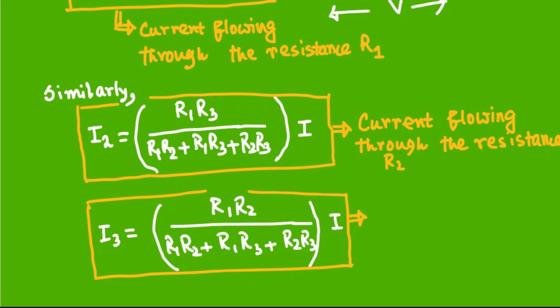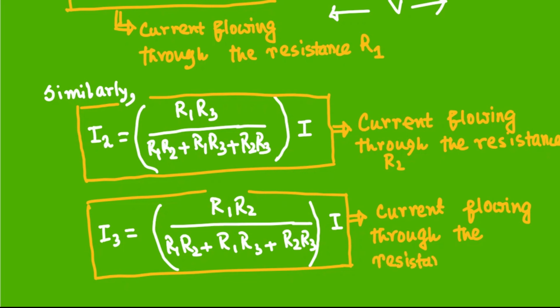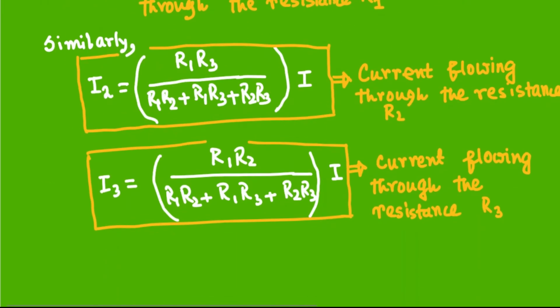Similarly, I3 equals R1 R2 divided by R1 R2 plus R1 R3 plus R2 R3 into I, which is the current flowing through the resistance R3. So this is the formula of I1, I2, I3.